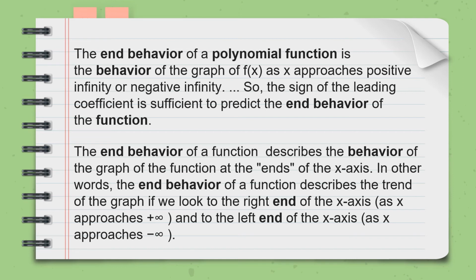The end behavior describes the trend of the graph if we look to the right end of the x-axis as x approaches positive infinity and to the left end of the x-axis as x approaches negative infinity.